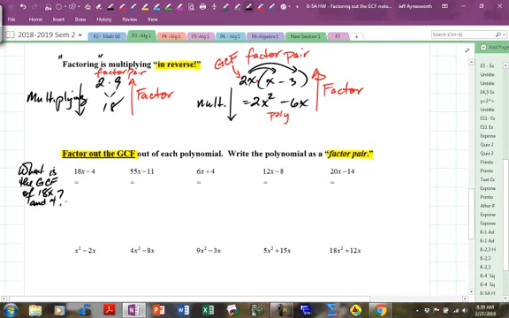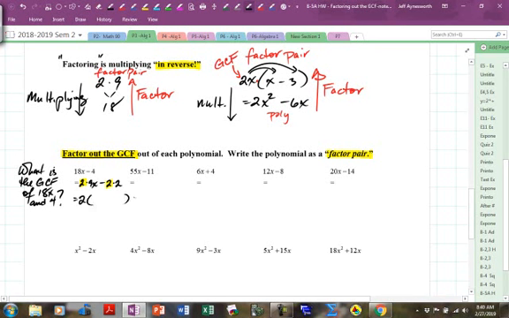So what you can do is factor or re-express these as a factor pair. Since the GCF is 2, I'm going to rewrite 18x as 2 times 9x. 2 times 9x is 18x. And 4, well, that's just 2 times 2. Now notice that they have a common factor of 2. That's called the GCF. So what we're going to do is factor it out.